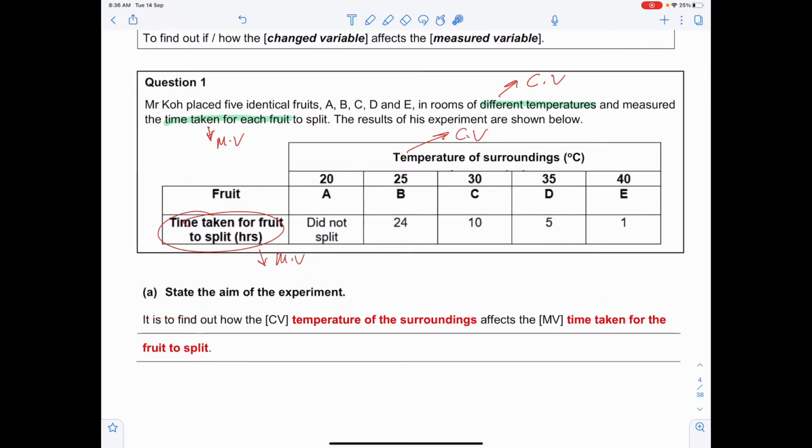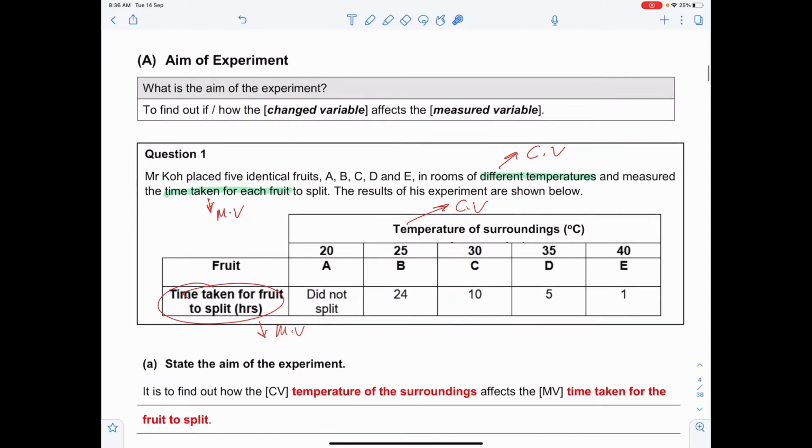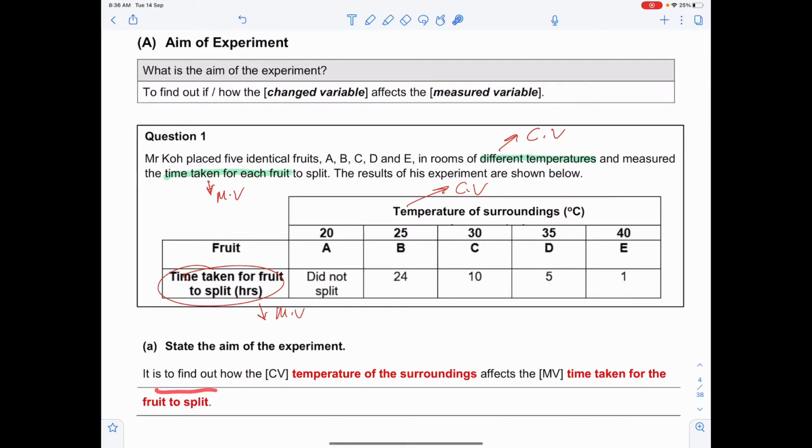So remember, use the framework given, and start your answer with: to find out how the temperature of the surroundings. Why? Because temperature of surroundings is actually your change variable. Affects the time taken for the fruit to split, over here your measured variable. So this is a very systematic way of answering questions related to the aim of experiment.